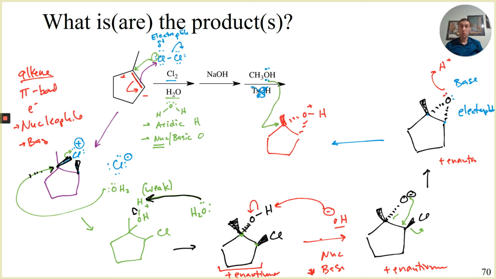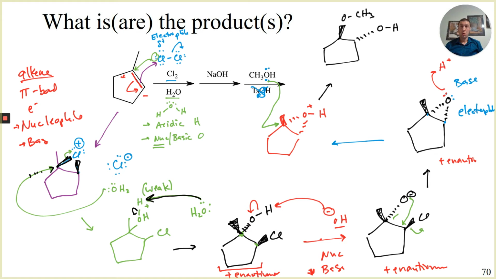Backside attack, it's going to attack the most substituted side because we have that very good leaving group with our alcohol. And we would get, whoops, as I started to draw too many carbons, the OH connected out there. The CH3OH had to come in from the backside, which means it's going to have to become wedged.